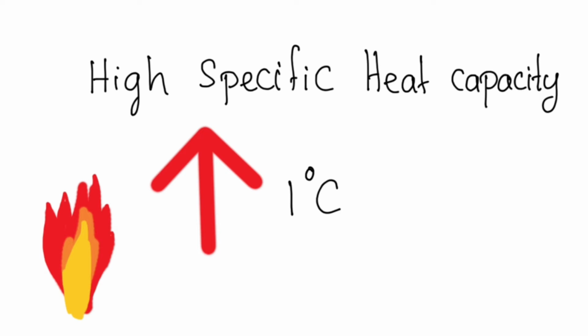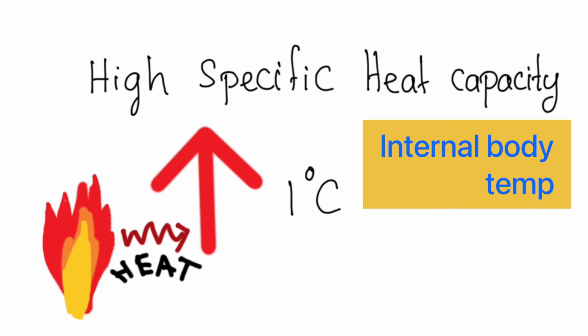The importance of this property is that living organisms can maintain a comparatively consistent internal body temperature. Even when there is a lot of heat energy, the body temperature doesn't rise much because it can absorb a lot of heat, but can maintain within that range of body temperature.